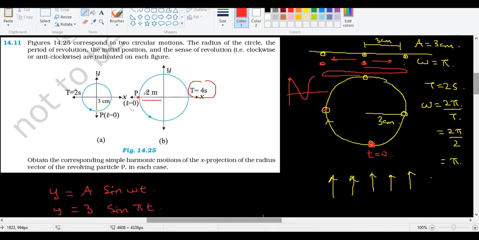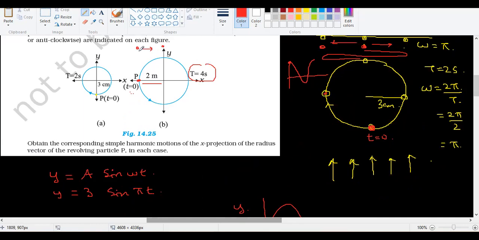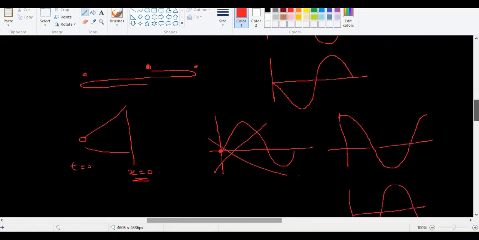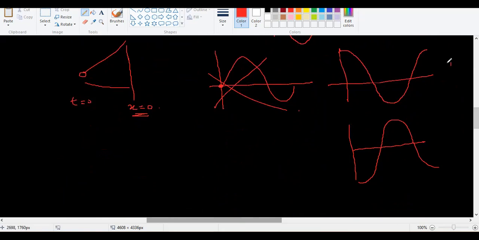As you are starting from here and going this way, you are going in the positive direction. So it's moving this way, which means the displacement is coming towards 0. So the displacement is initially negative, right? Which one do you think is appropriate, 1 or 2?